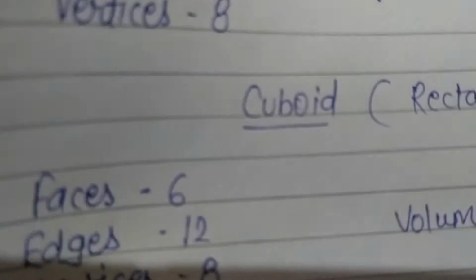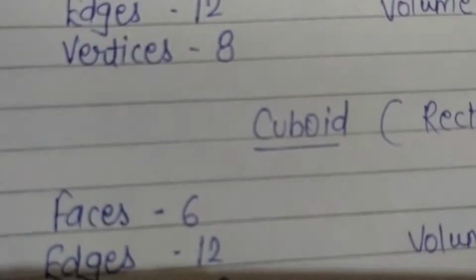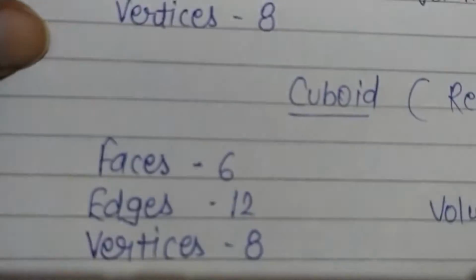The examples of cuboids are matchbox, almirah.